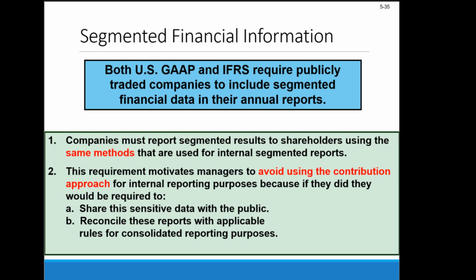They'd have to share that sensitive information with the public, so anyone who wanted to see it, which wouldn't be good. We're trying to keep that from competitors, most likely. And also would require us to reconcile those reports with all the applicable rules for consolidated reporting purposes. So again, just generally speaking, these things aren't quite as separate within an organization as we might think about them on a theoretical level.